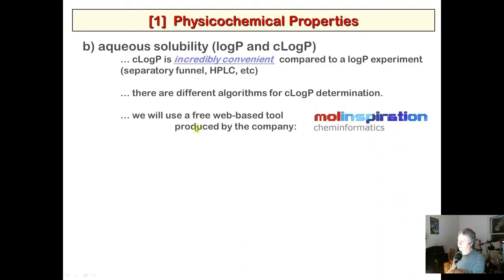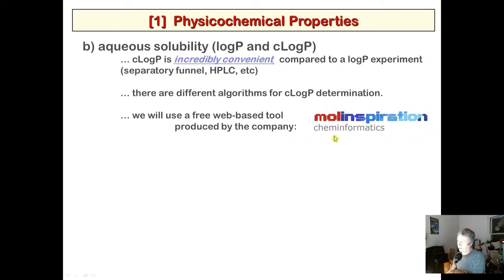Different companies sell their own versions that they say are maybe the best way to do a C log P. Fortunately, there are some free ones. One of the ones that is great is produced by Molinspiration Chemical Informatics. This is a freely available one. It's on their website, and I think you can do maybe 1,000 C log Ps a day, and then it cuts you off. So as long as you're under 1,000, you should be fine.